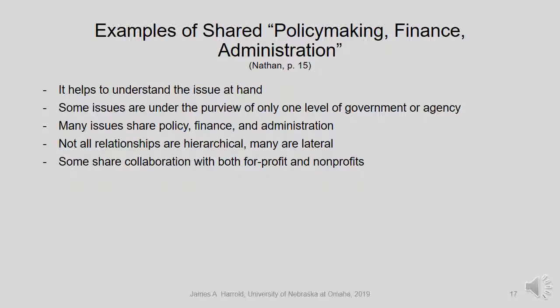And so, again, from the Nathan text, if we're talking about policy making, finance, and administration being shared by levels of government, here's some things we have to think about, and this is going to translate throughout the whole course. One is it helps to understand the issue at hand. I mean, what are we really talking about? Some issues are under the purview of only one level of government or one agency, and so those are fairly simple to understand, right?